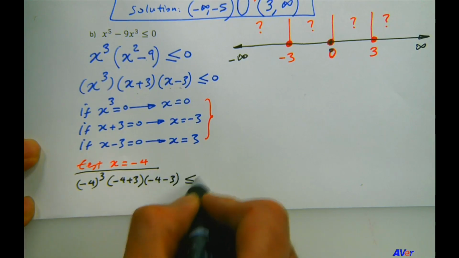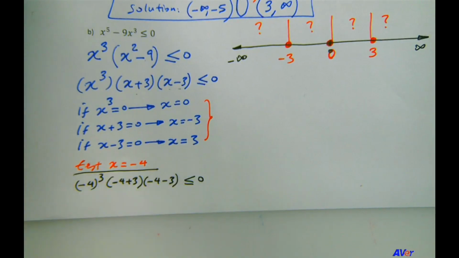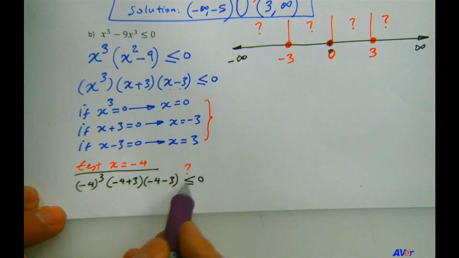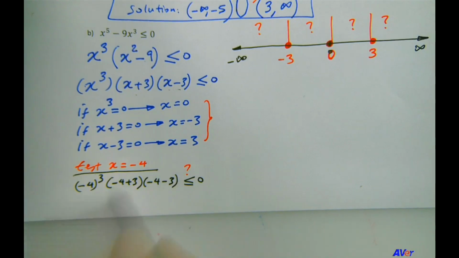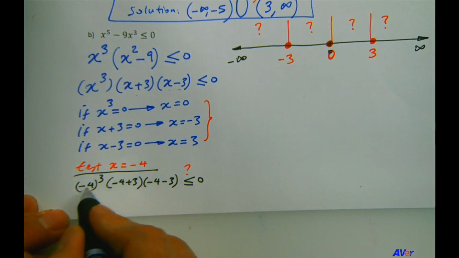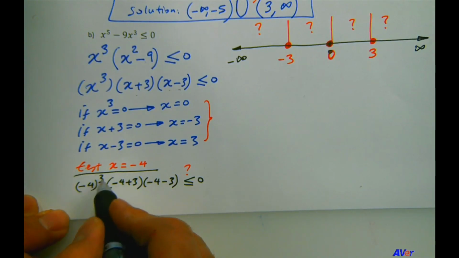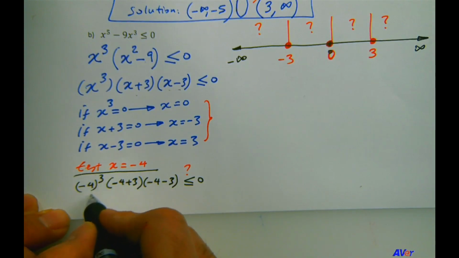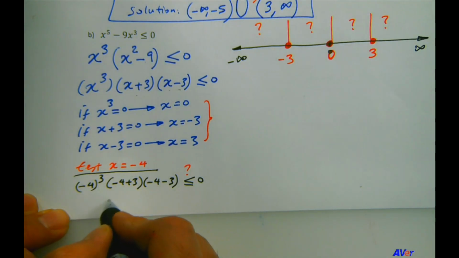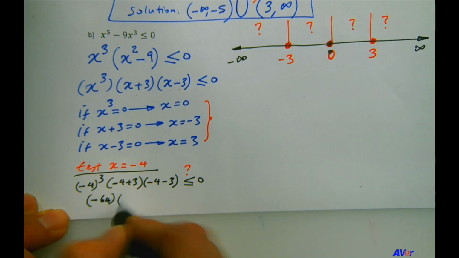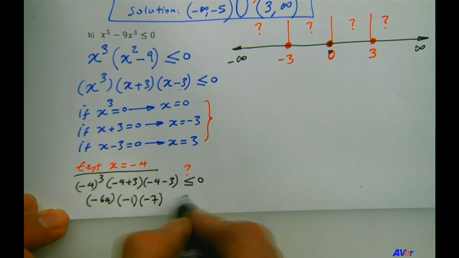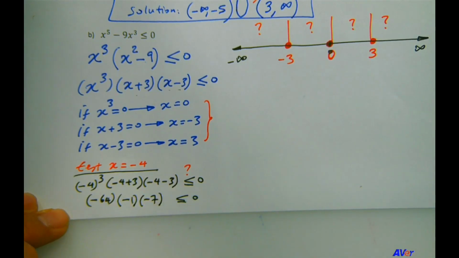We're asking if the left side is less than or equal to 0, if it's some negative number, that is. So negative 4 cubed, that would be some negative number, right? So it would be negative 64. Negative 64 times negative 1 times negative 7, less than or equal to 0.